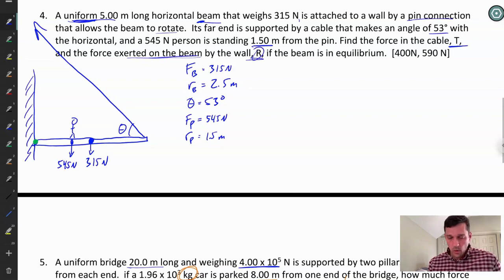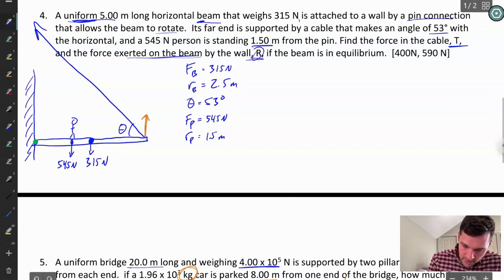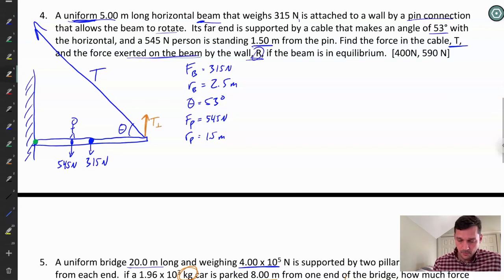So let's just think for a moment what this cable is doing. Sure, this cable is exerting a, call this the big T, tension. This cable is exerting a tension that is perpendicular to the beam, but because the tension's at an angle, it's also exerting a tension that is parallel to the beam, essentially pulling it into the wall.